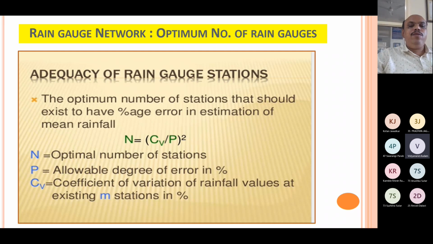Whereas CV is coefficient of variation of rainfall values at existing n stations. Okay, here it is M is written, but this is small n. Okay, instead of M, let us use this symbol n. What is n? n is existing number of stations.